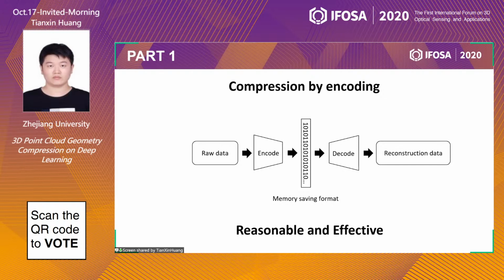So compression by encoding can also be combined with other methods together to improve the compression effect. They are all compatible. Now I'll give a simple introduction about a commonly used point cloud encoding and compression algorithm, the Octree compression.